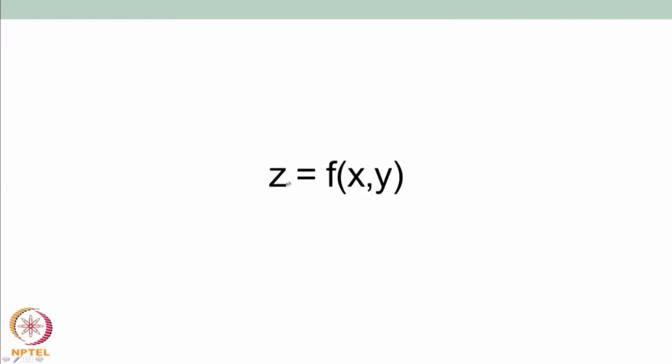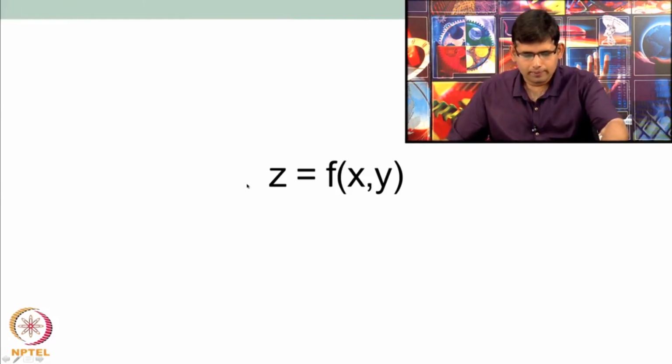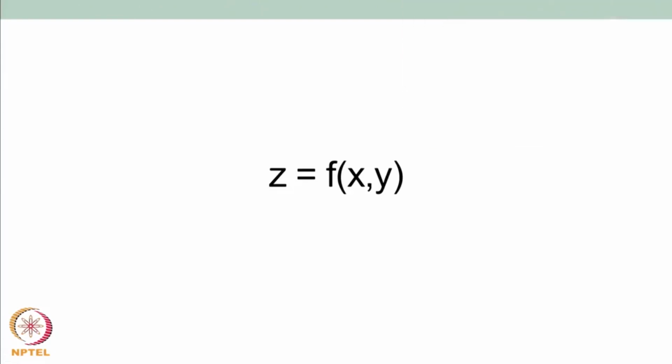So we have to calculate a function z, which is a function of both x and y. Given an x value and a y value, we can get a z value. This will be the simplest way to represent a 2D image. So this equation has three variables, z, x and y.